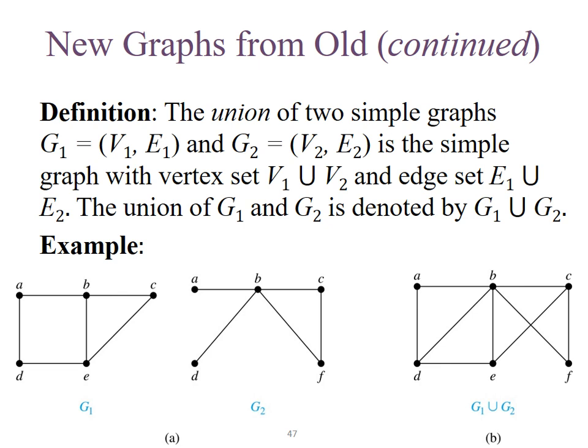For G1, we have A, B, C, for G2, we have A, B, C, D, F. After the union operation, we union the vertex set, so in this case we have A, B, C, D, F. And then we also union its edges. We combine all these edges in G1 and G2, and we have the union graph from G1 and G2. Okay, very simple operation.